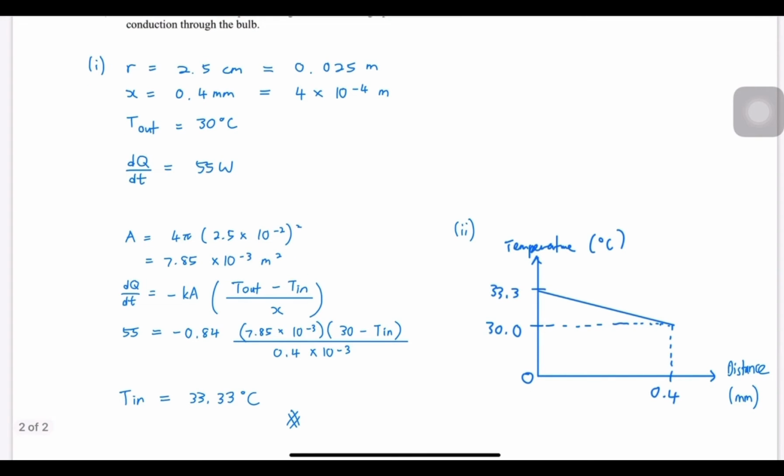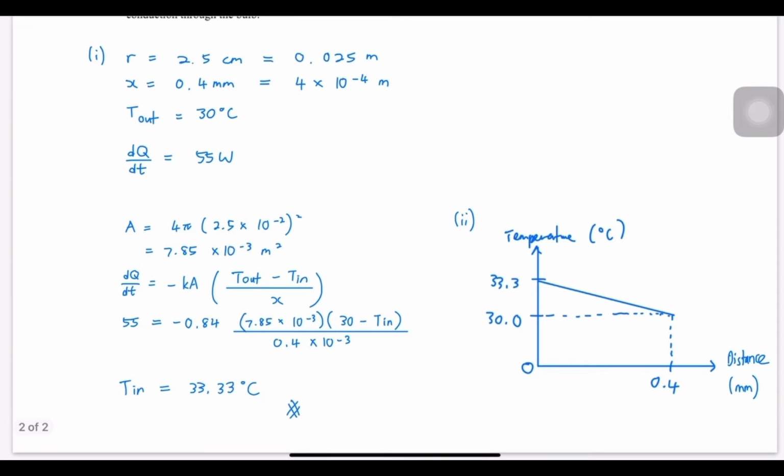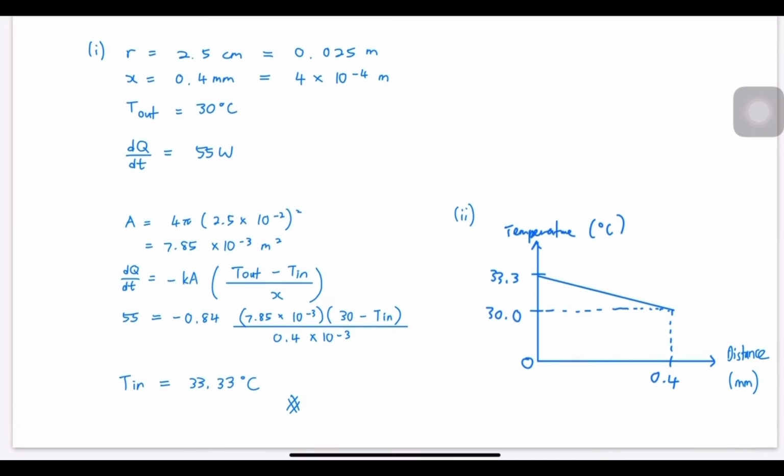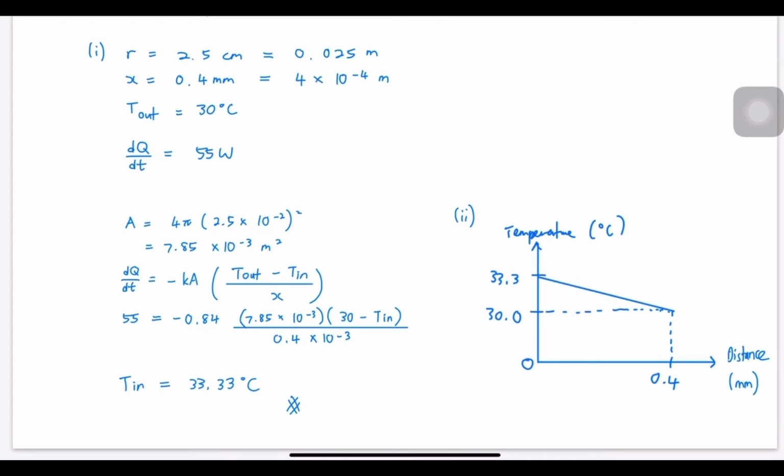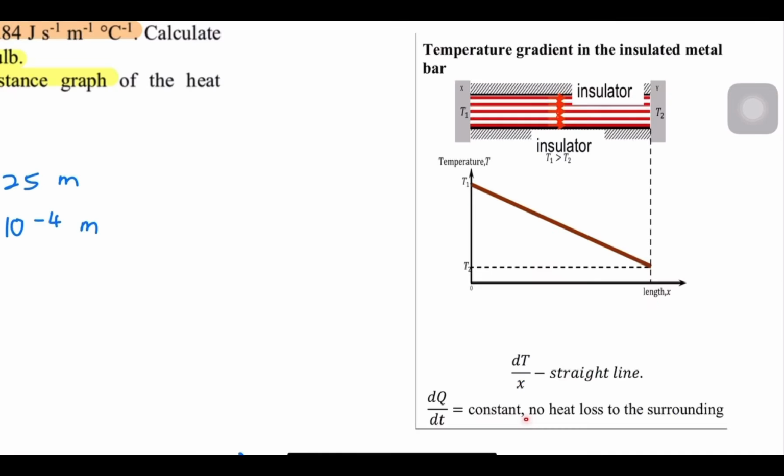And we use the formula, the rate of heat energy equals negative KA times the change of temperature over the thickness. So we will get the final answer, inner temperature equals 33.33 degrees Celsius.